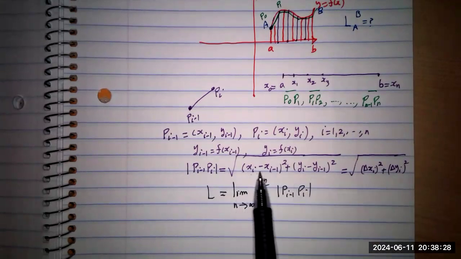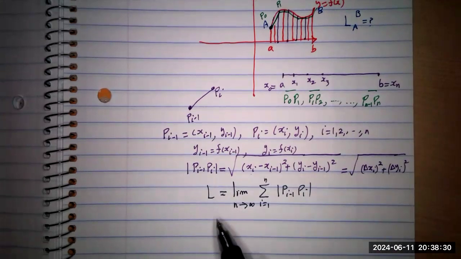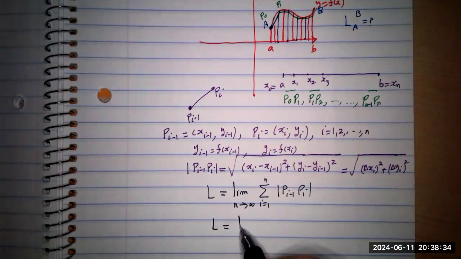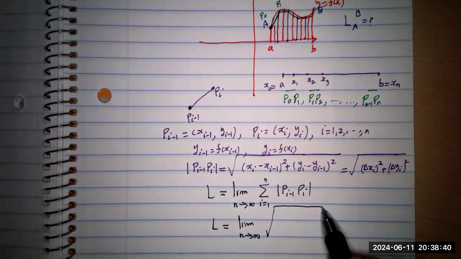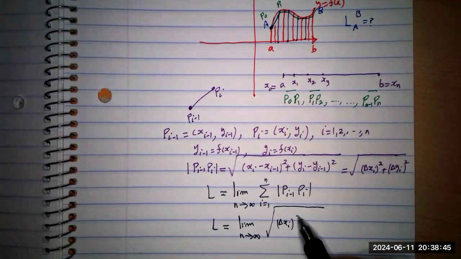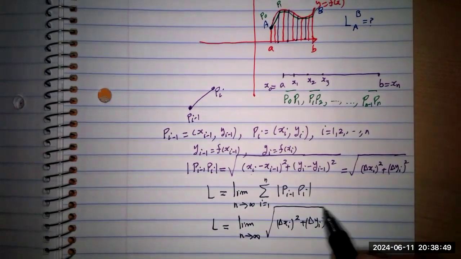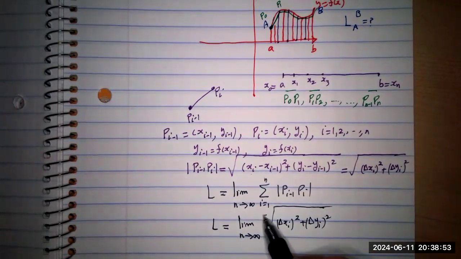If you substitute it here, your arc length is going to be the limit as n goes to infinity, and you have the square root of delta xi squared plus delta yi squared, sigma, of course, limit of the sigma i from 1 to n.